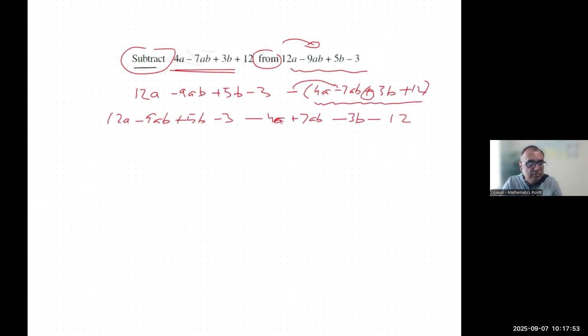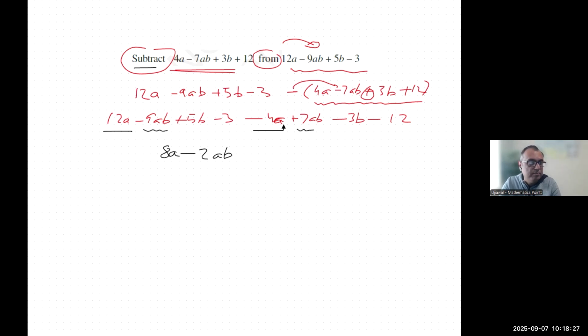So my like terms: 12a, 4a. Is there anything else? Nah. So 12a take away 4a is 8a. I'll try to improve on my handwriting. Negative 9ab and positive 7ab, which makes it negative 2ab. Do we have any other ab's here?